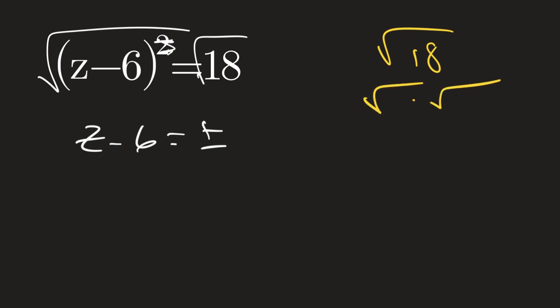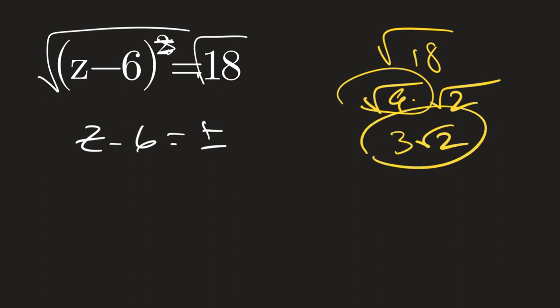Remember this? 2 radicals. 9 times 2. We can rewrite 18 using a perfect square number. 9. 9 times 2 is the same thing as 18. What is the square root of 9? 3. So the square root of 18 becomes plus or minus 3 root 2 now.